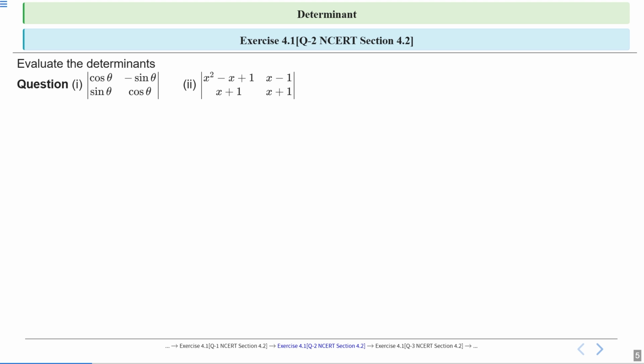So we know how to calculate the determinant: just multiply the product of the diagonal elements minus the product of off diagonal elements and calculate.